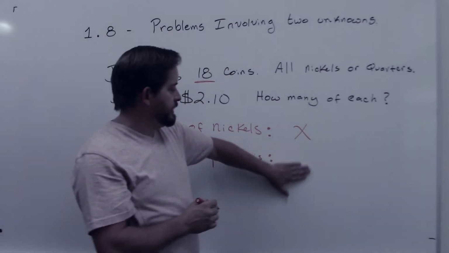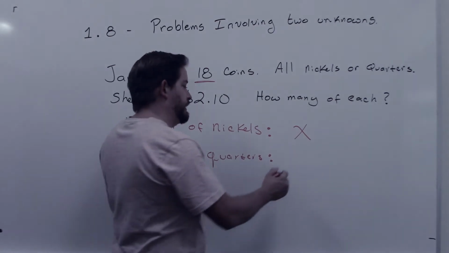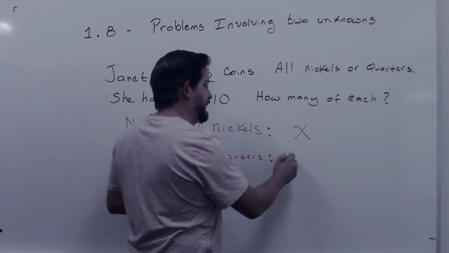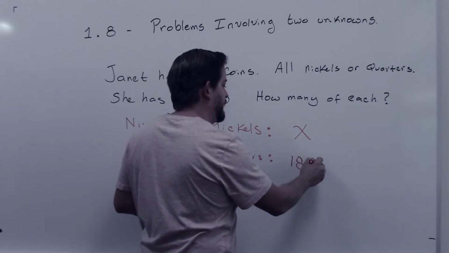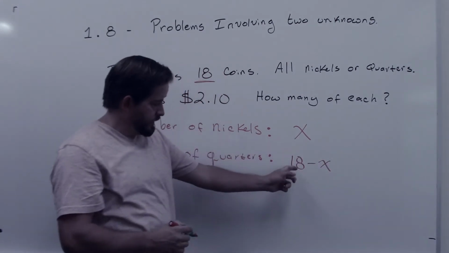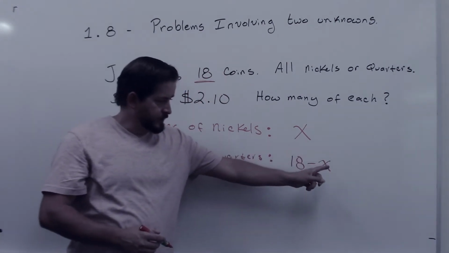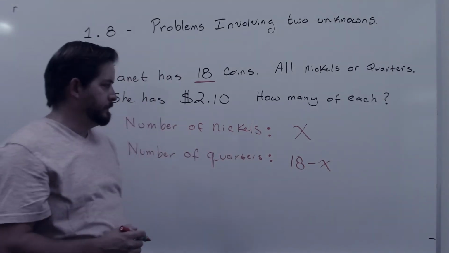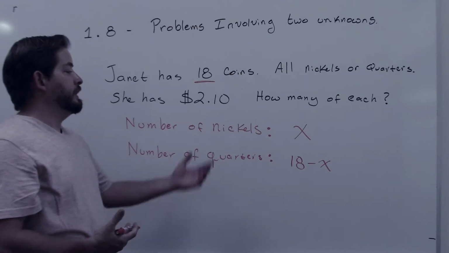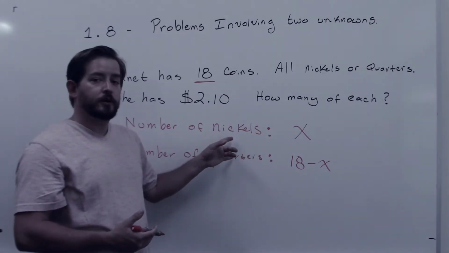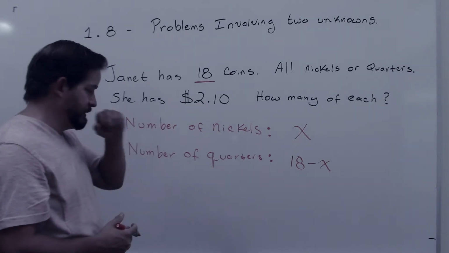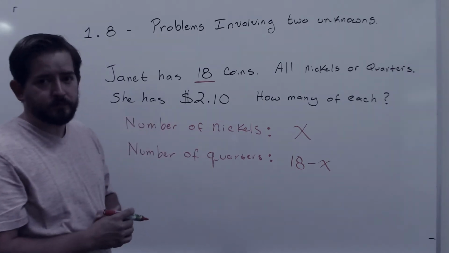Instead of a different variable, I'm going to say that if X of my 18 coins are nickels, then 18 minus X, the difference between what I started with and what has been designated as nickels, has to be quarters. So I have two expressions for my unknowns, but I only have one variable, and that's what this section is about.